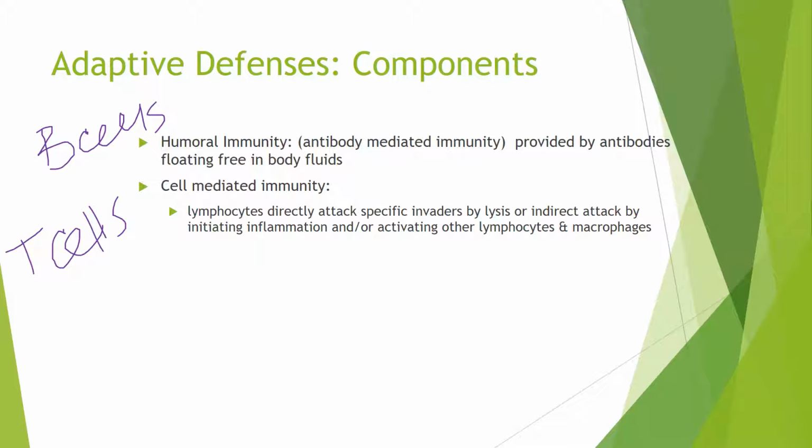Here we'll also have activation of other lymphocytes and macrophages to aid in this process, where this must be close to or touching the victim cell though. So that's a little bit different, whereas humoral immunity is within the entire bloodstream, with cell-mediated immunity it has to be close to that cell.